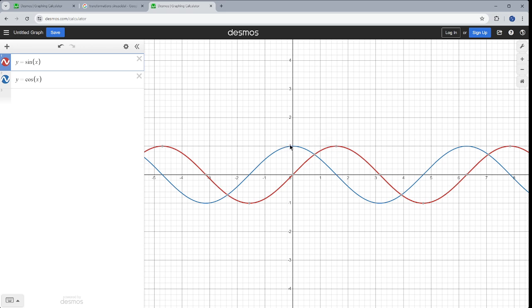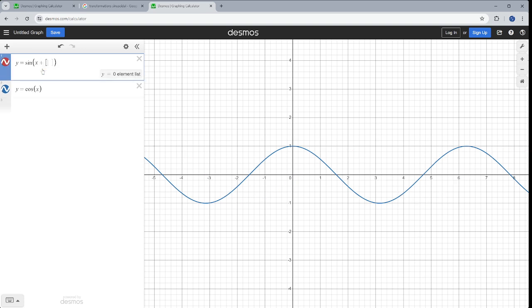Let's try to make it into y equals cosine. So we're at pi over 2 is where our top is, but we need to move it left to 0. Okay, so we're going to move our whole graph to the left, and if we're going left, we're adding, and we know how much do we have to move it? Pi over 2. So we're going to do plus pi over 2.